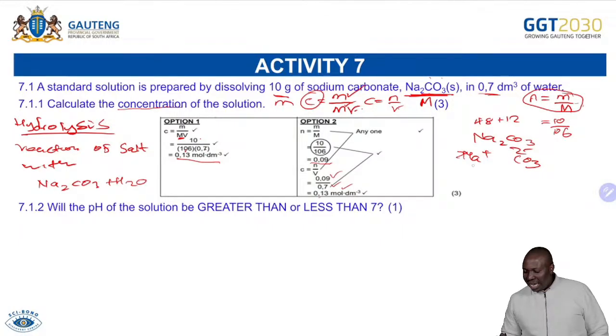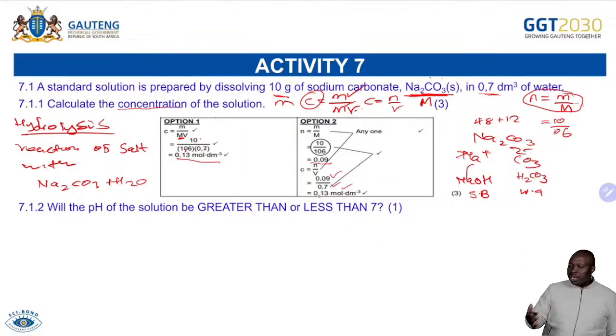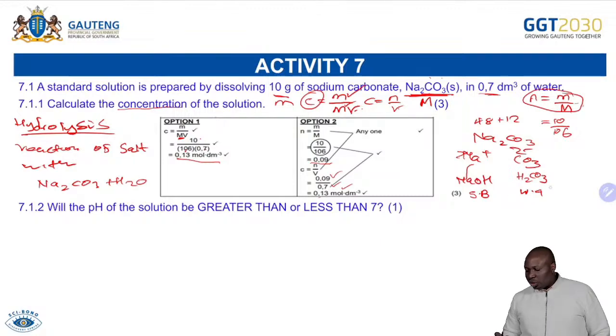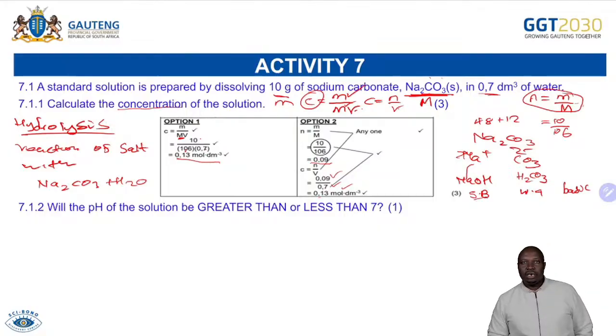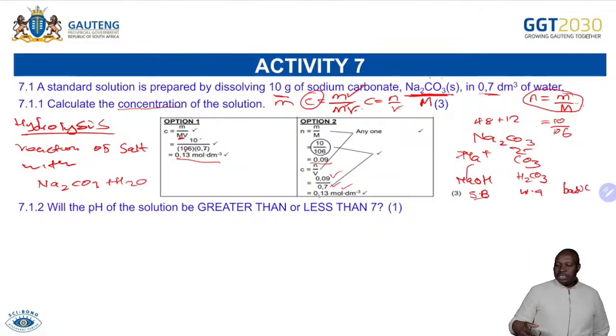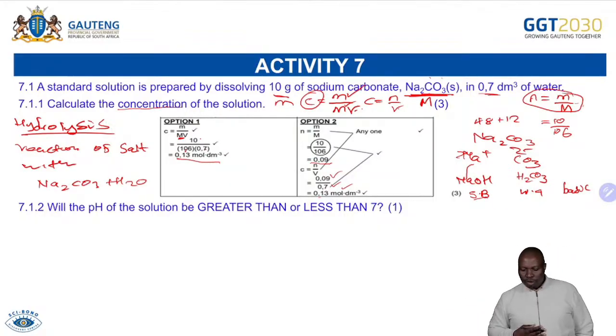Remember, sodium plus is from sodium hydroxide, and carbonate is from carbonic acid, H2CO3. So you can see that this salt is from a strong base and a weak acid. Remember, carbonic acid is a weak acid. So obviously, the salt formed will be basic, because the strong one always wins. So when you react a strong base and a weak acid, definitely it will form like that.